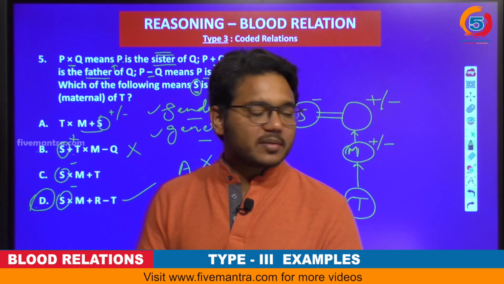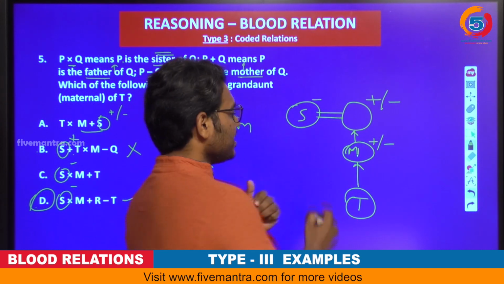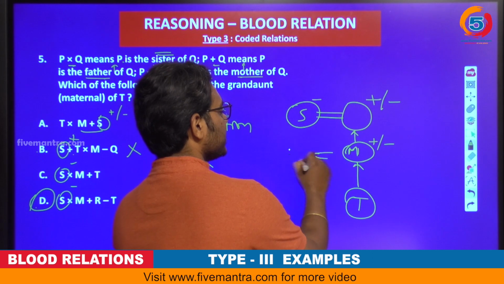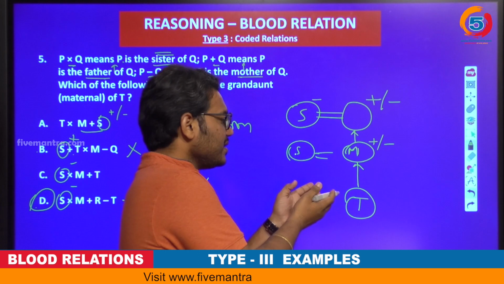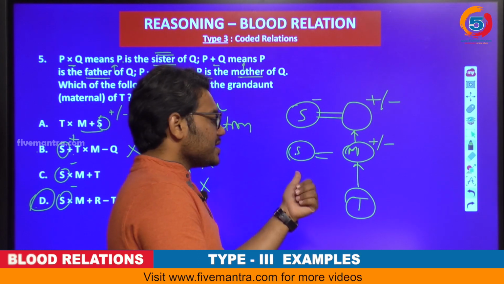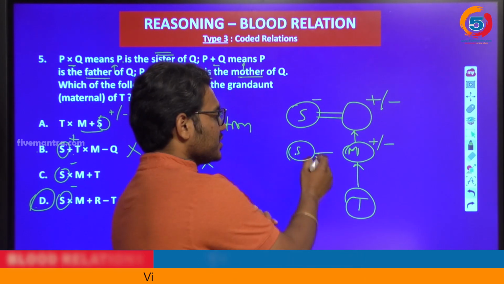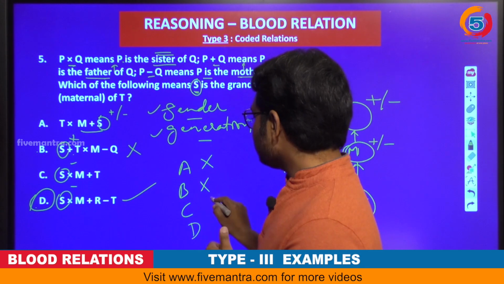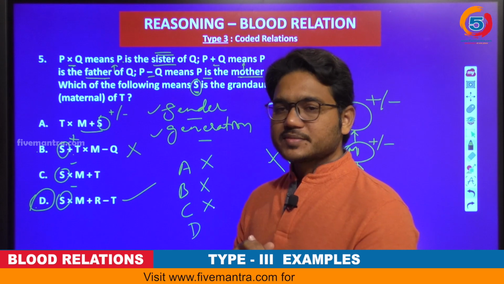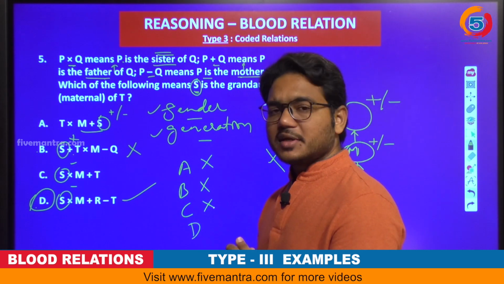S is the sister of M. So if you place M here, S has to be placed here, which cannot work. That relation just indicates that S is the aunt of T. So this is not possible. So option C is also not possible here. Then go with option D.